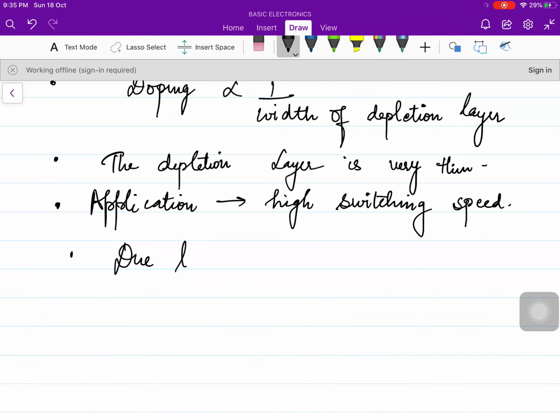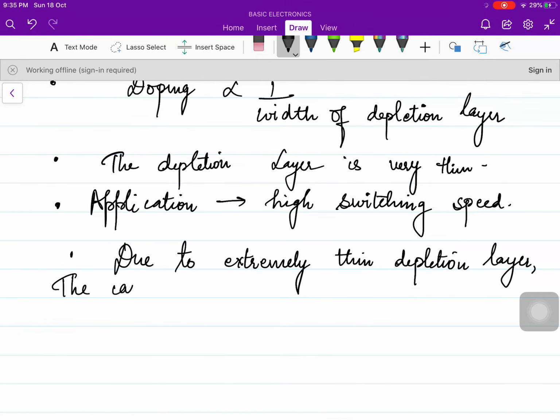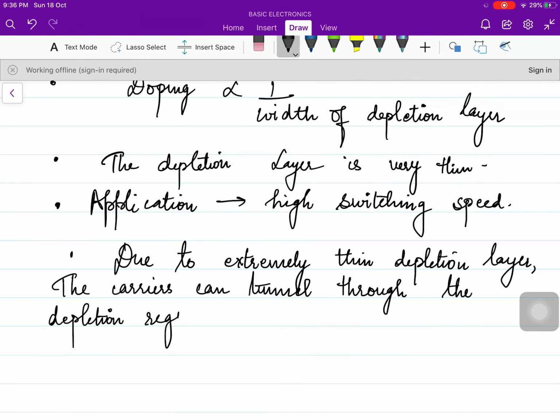So due to the extremely thin depletion layer, the carriers can tunnel through the depletion region rather than overcome the potential barrier.